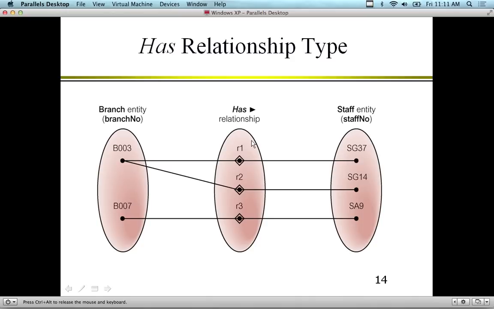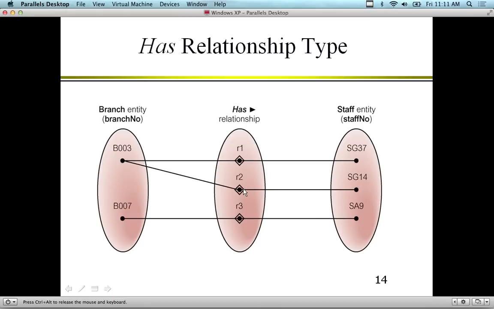Staff work at branch. But you should be able to read it in both directions. You can see that we have two entities here, B003 and B007, that have relationships 1, 2 and 3 with staff as an entity. And a staff has 1, 2, 3 occurrences of the staff. So this is the constraint.